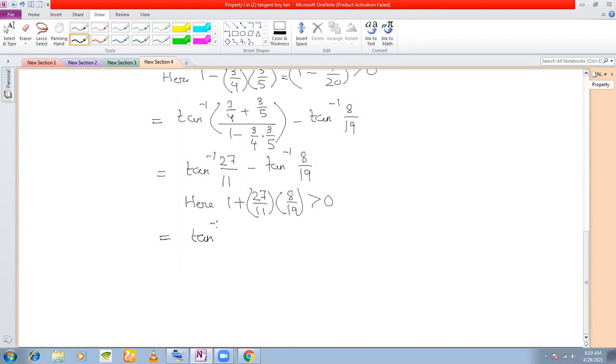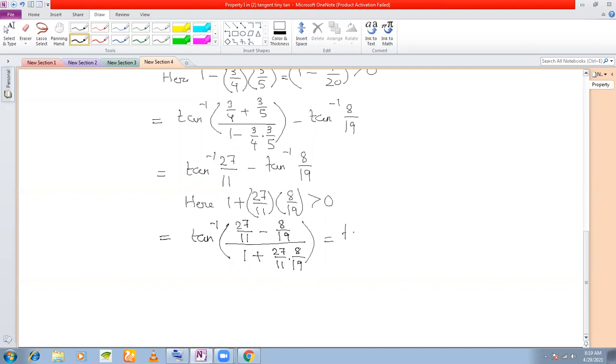So the tan inverse x minus tan inverse y formula is tan inverse of (x minus y) divided by (1 plus x into y). Okay, this is your tan inverse x minus tan inverse y formula.